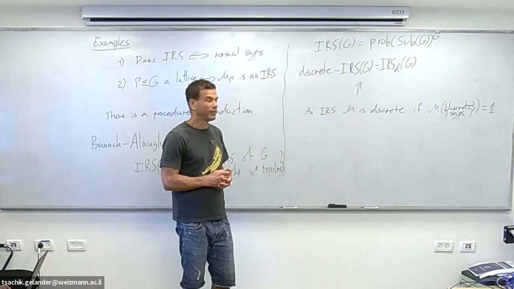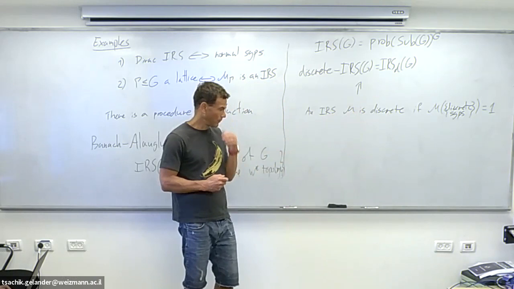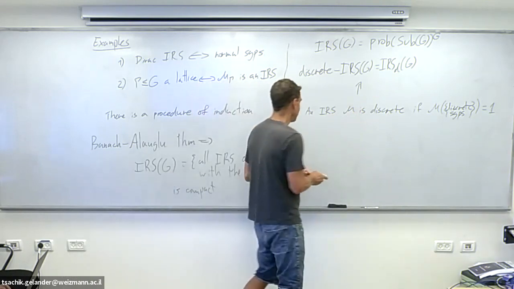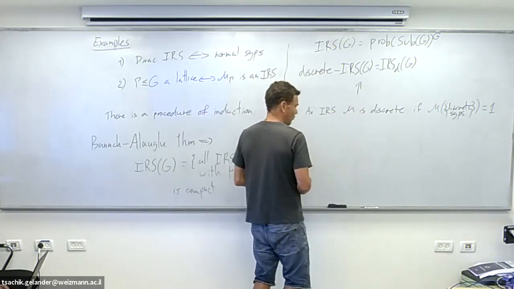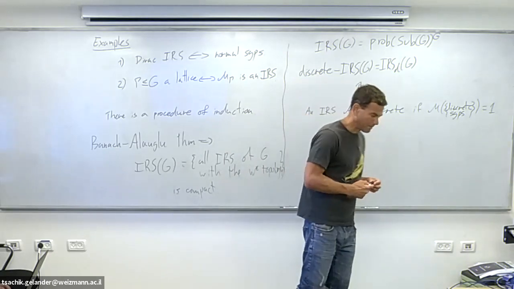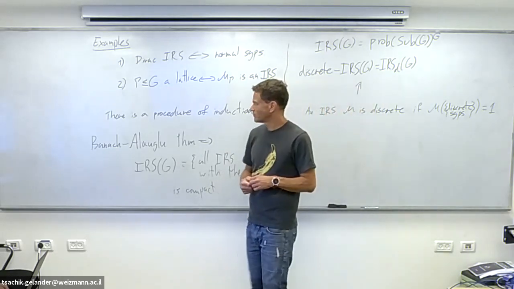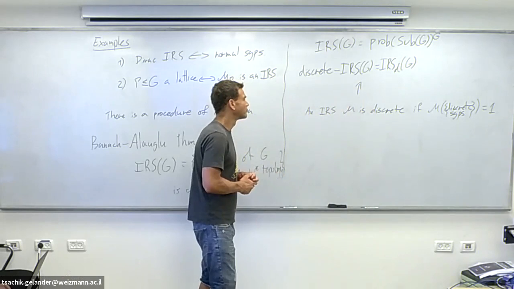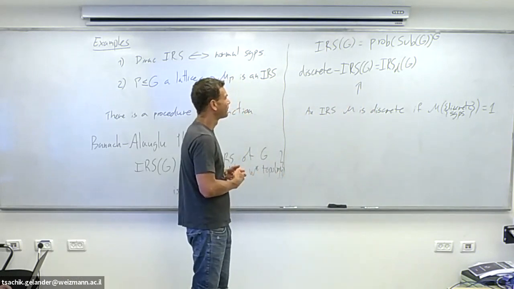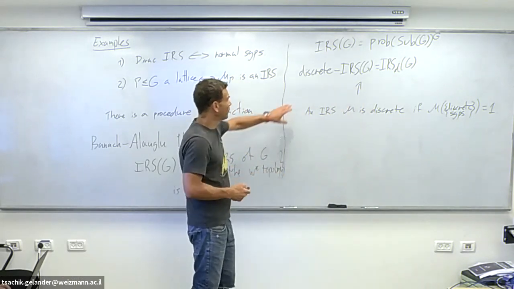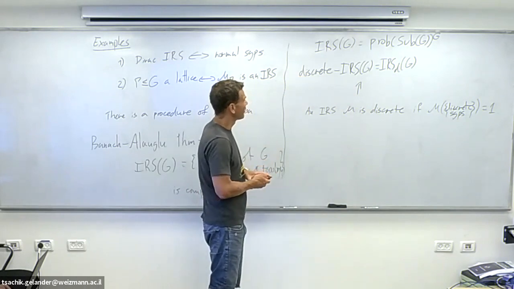For a Lie group, it's open. You can take this as an exercise. Okay, this is the definition of discrete IRS.